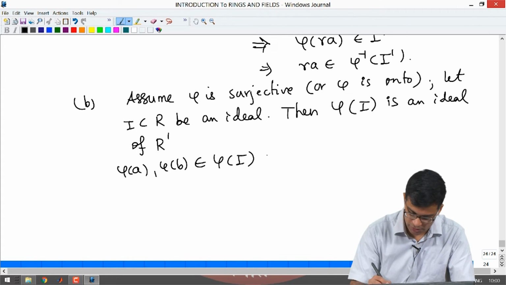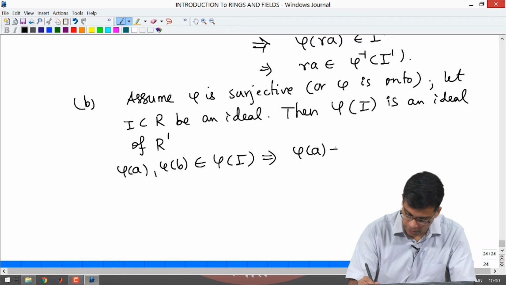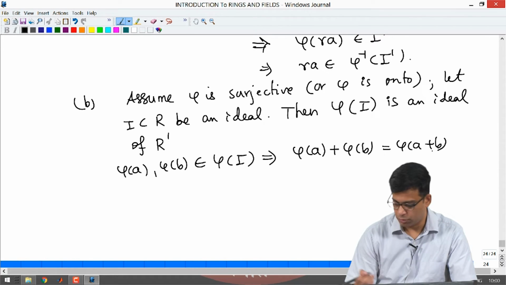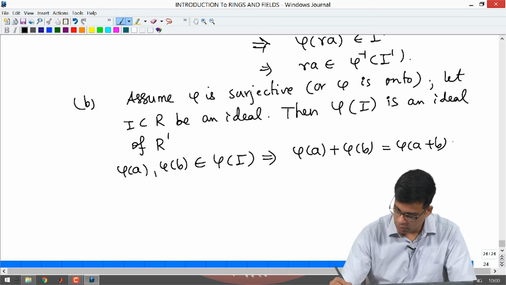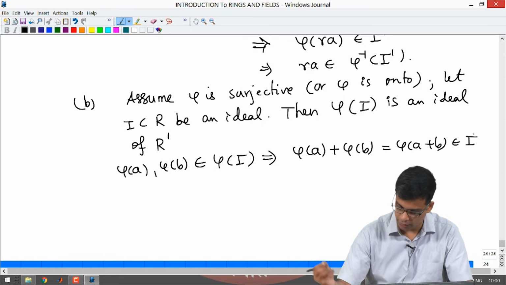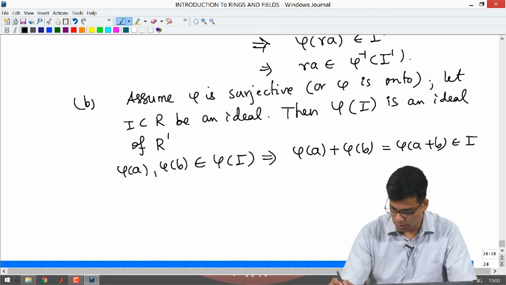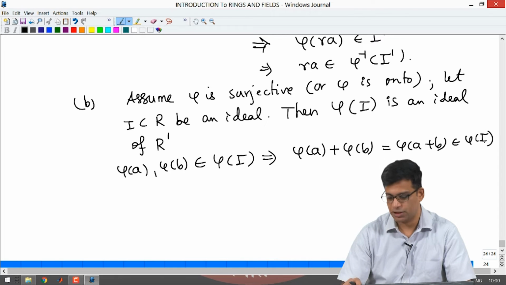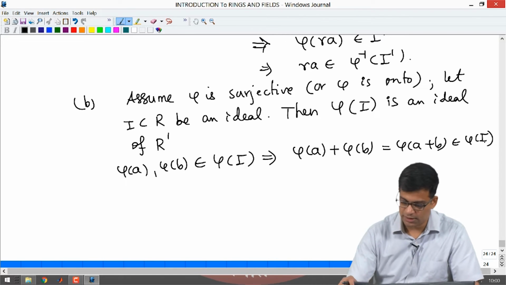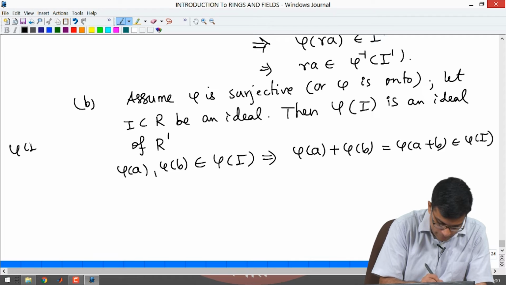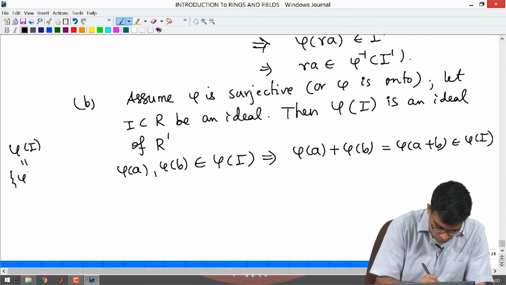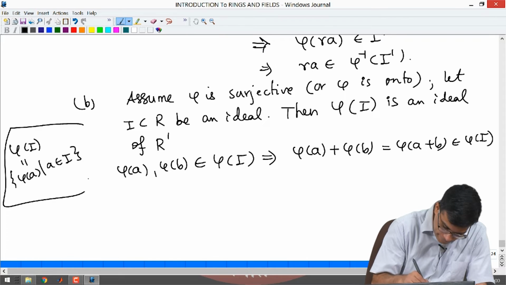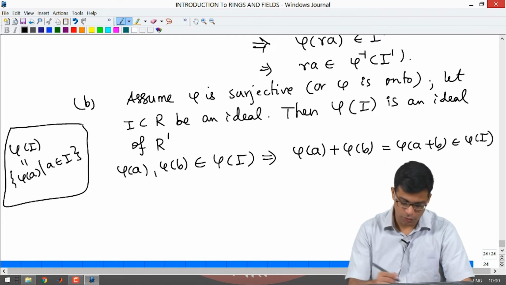So, phi A plus phi B is phi of A plus B by the definition of homomorphism. This is of course in phi of I, because it is the image of A plus B. Phi of I is the set of elements of the form phi A with A in I. Okay, so this is fine.